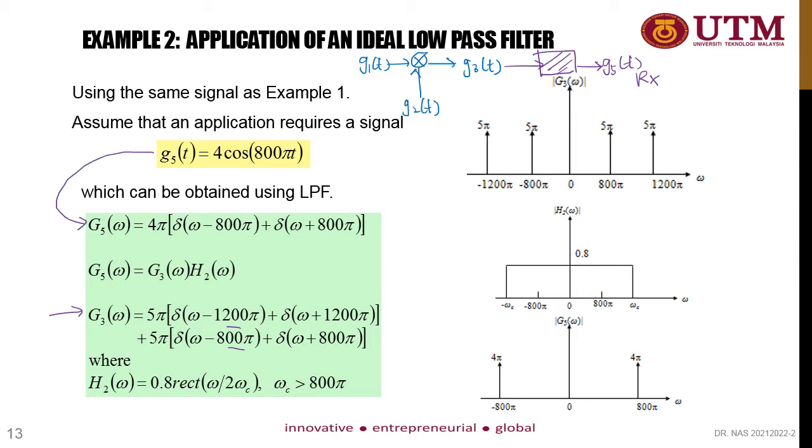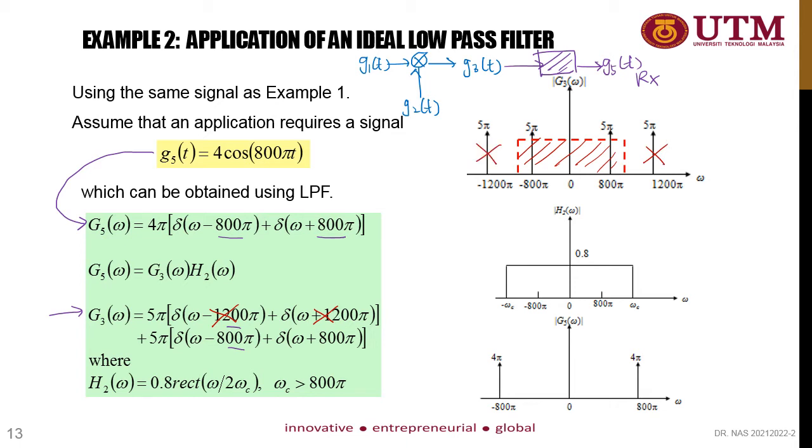It is basically 4 pi delta(omega minus 800 pi) plus delta(omega plus 800 pi), meaning only the components at negative 800 pi and positive 800 pi will be selected, and the higher frequency component, in this case 1200 pi, will be removed from the system. In order to do this, you need to apply a filter. The filter will only allow the lower frequency component and remove the higher frequency component.